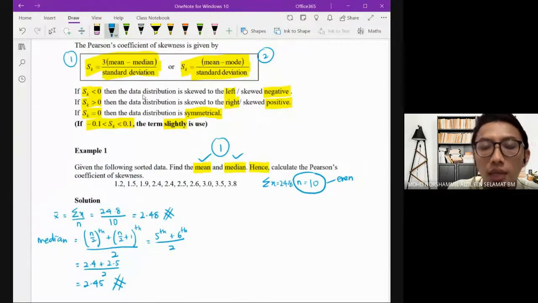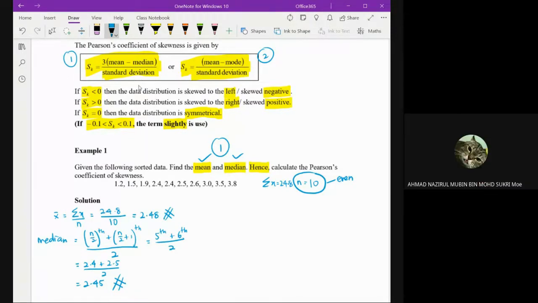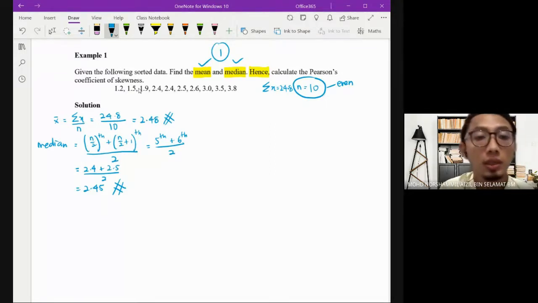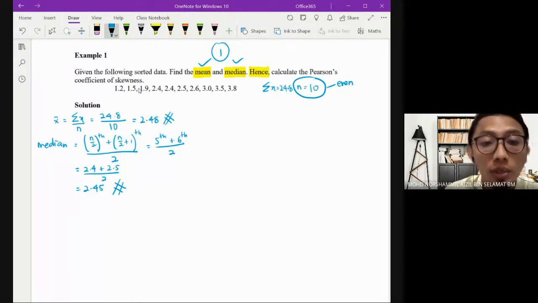But be careful, we still need to obtain the standard deviation. It's not available yet. So part of the marks for finding Pearson's coefficient of skewness is for the standard deviation.